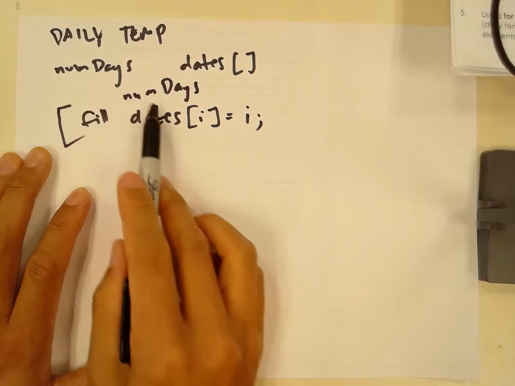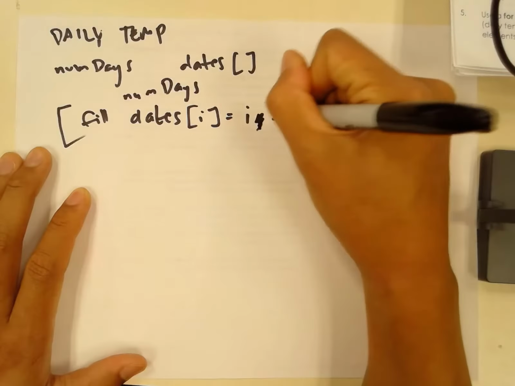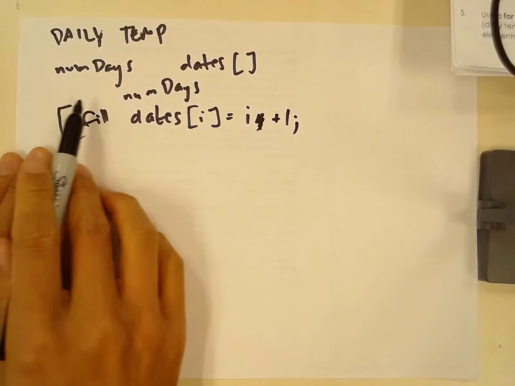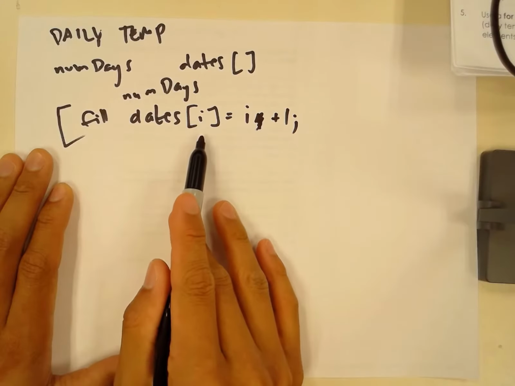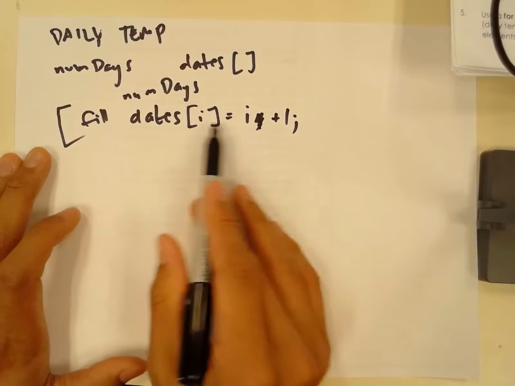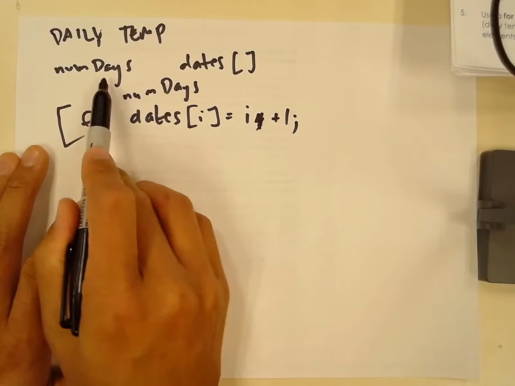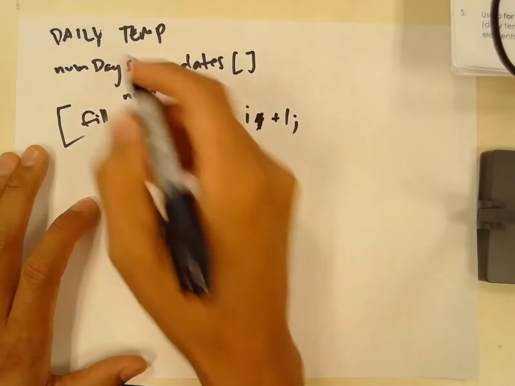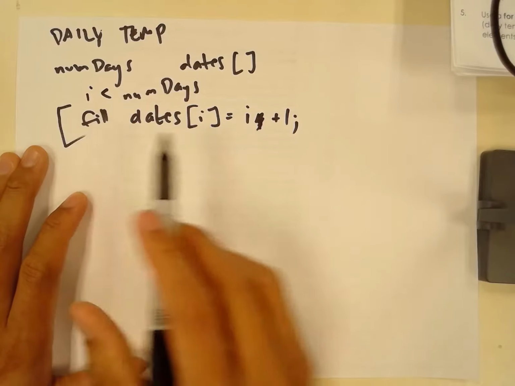So the first iteration dates sub 0 is going to be equal to 0. Oh, I'm sorry, I plus 1, right? So the first iteration dates sub 0 is going to equal 1. Then the next iteration dates sub 1 is going to equal 2, and so on. So you're filling up the dates array with the numbers from 1 up to num days, because you're saying here in the for loop I is less than num days as it iterates.